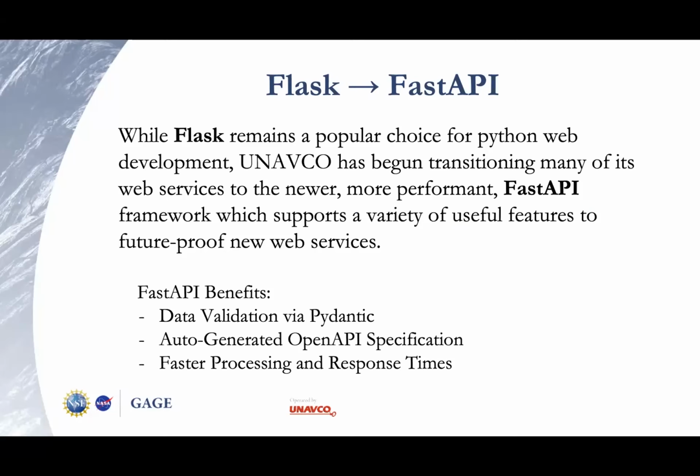Also, some of the documentation around how to interact with the API is built into FastAPI and auto-generated, so it's really easy for someone to see this interface for the database, and they can just enter different fields that they might want to search for. And OpenAPI, which is built into FastAPI, allows you to automatically query the database without having to write any code.